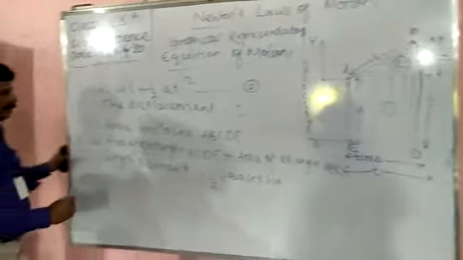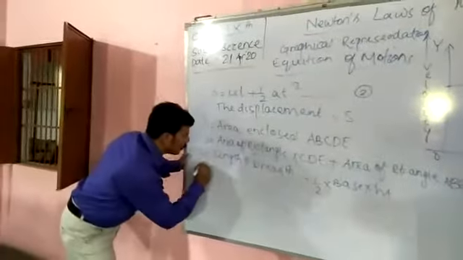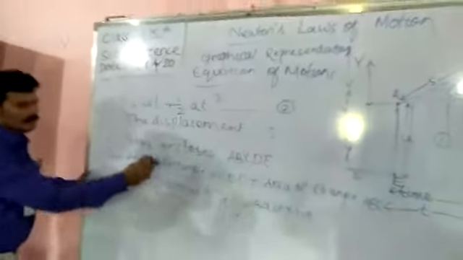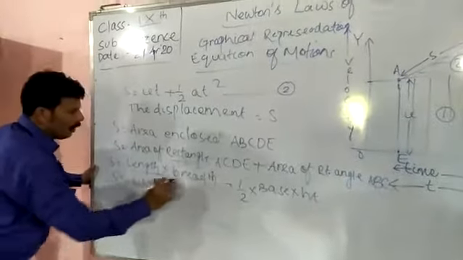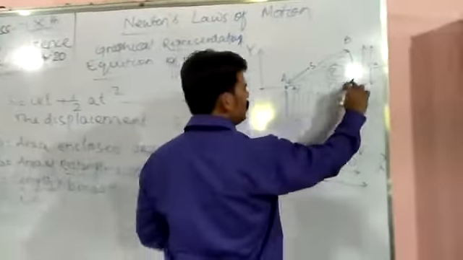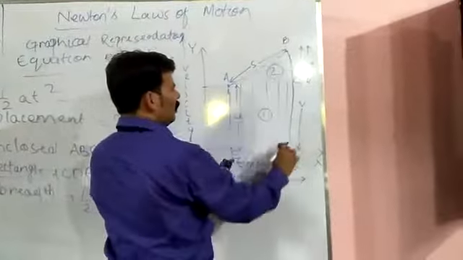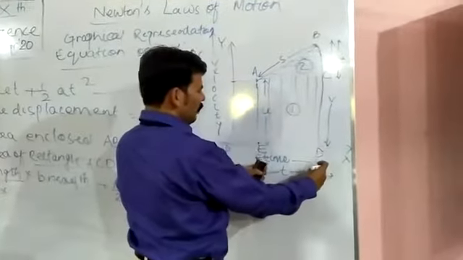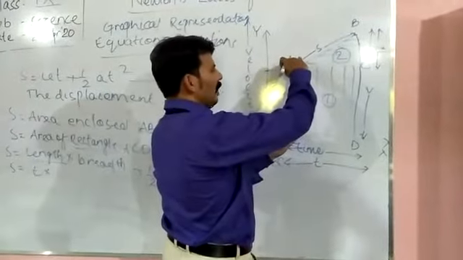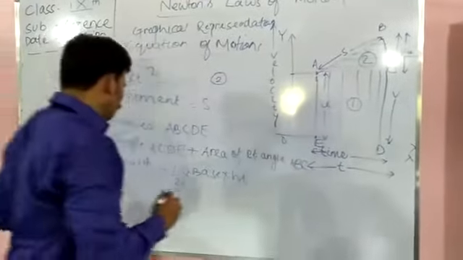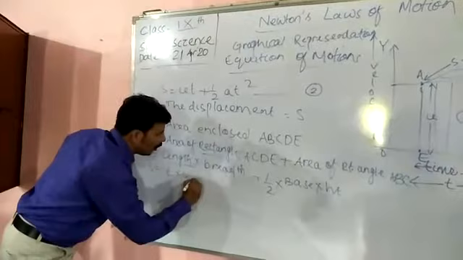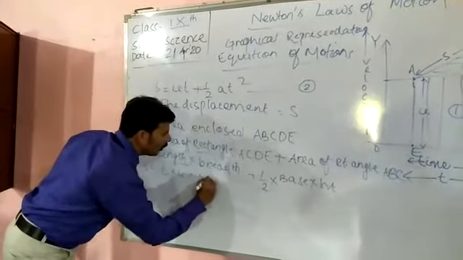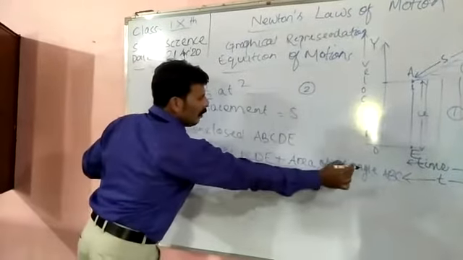So we can represent S as: length is time t, and breadth is u, as shown in the figure. So we have written length t, breadth u, plus half into the area of right angle triangle ABC.